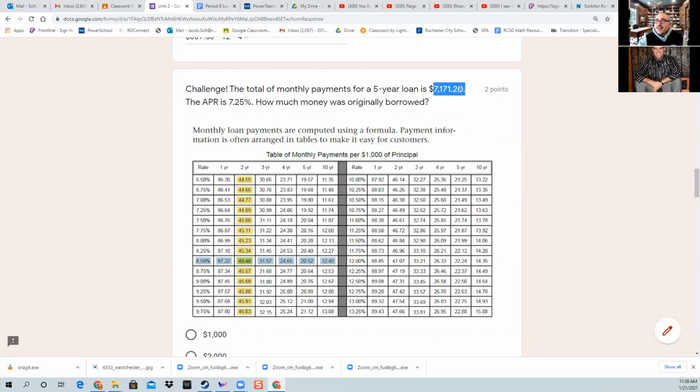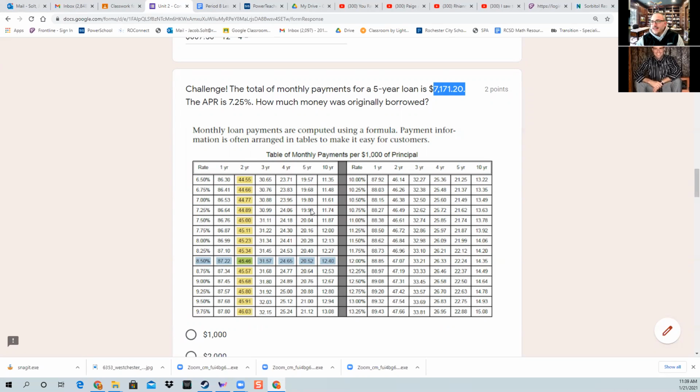So what we could do is begin dividing this payment by how many months there are in a 5-year loan. That would narrow things down somewhat. But I guess I would go with just looking for 7.25 here. There's my 7.25%. Here's my 5-year loan. So I want to focus on this $19.92. All right.